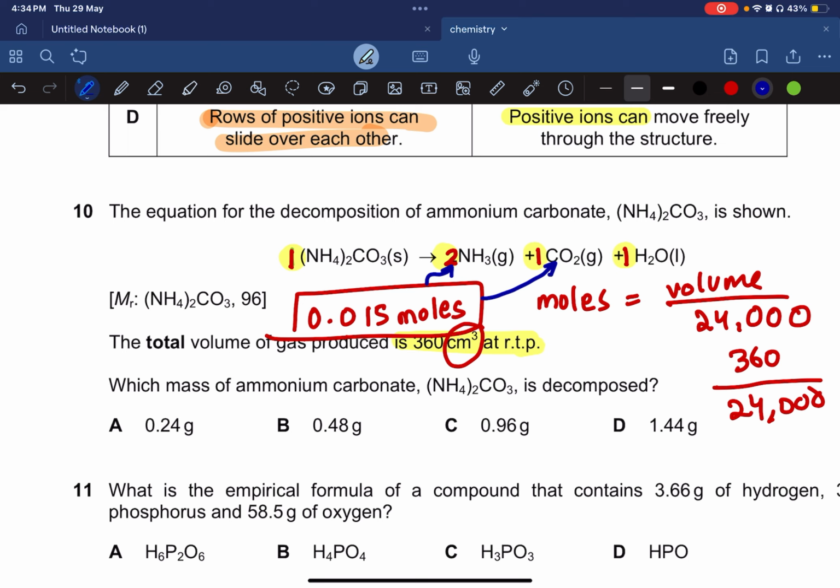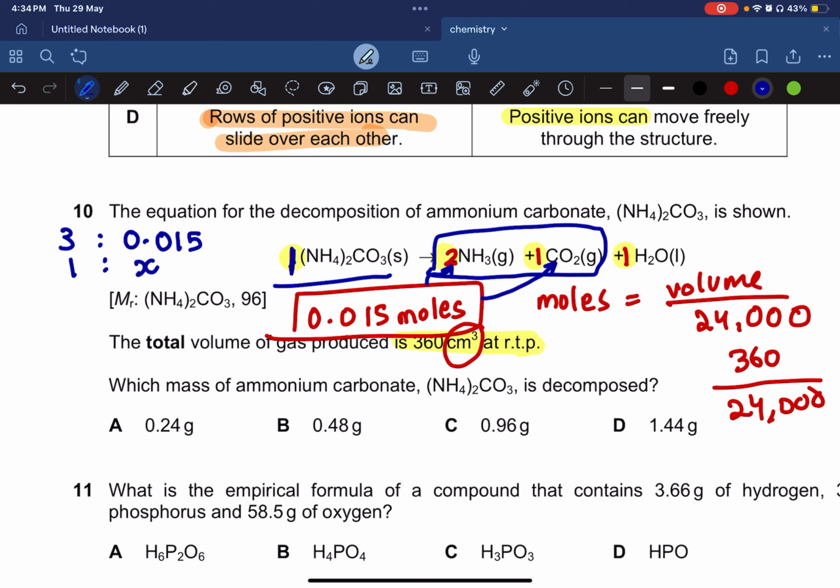So what I'm going to do is simply say the total moles of gases is 3. Look, if 3 moles of gases, that is 2 over here and 1, is representing 0.015, so 1 mole over here is going to represent X.